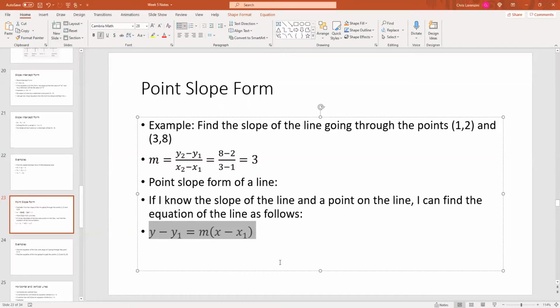Point-slope form is y minus y1 is equal to m times x minus x1. I let m equal the slope, whatever that is, and then I plug in the other point as x1 and y1, and then I have point-slope form of a line.